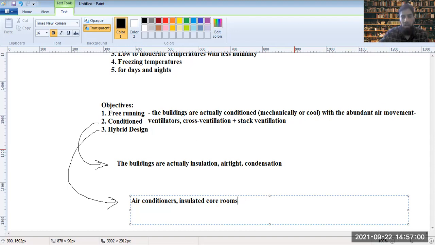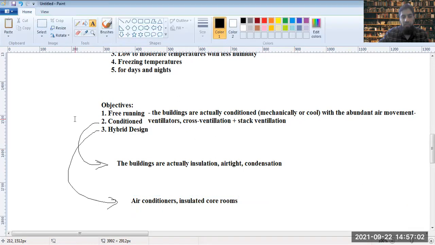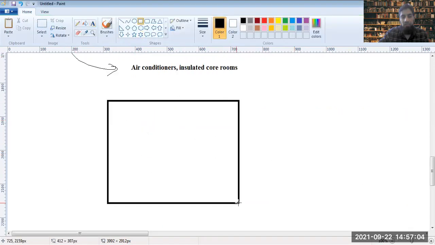So you have a house structure with an outer. So this all will be insulated, and this is like acting like a vent, and this is insulated.